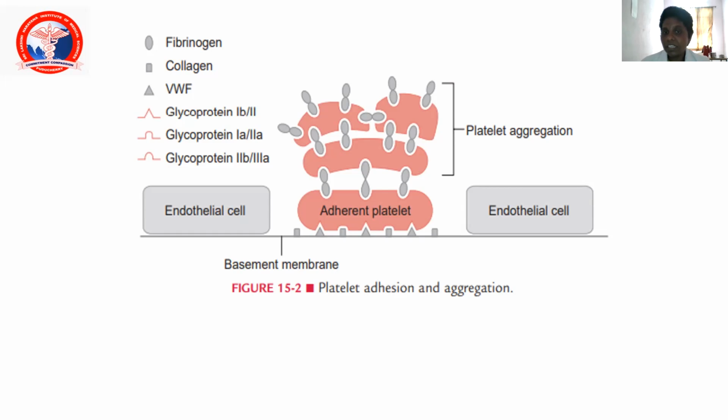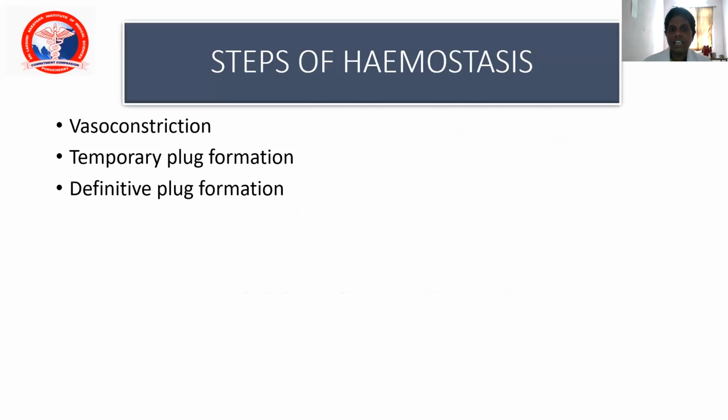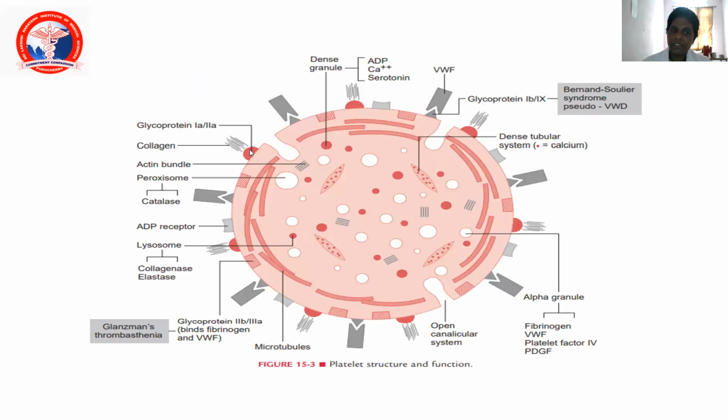And not only is it getting attached to collagen, it will be attached to fibrinogen and von Willebrand factor, because in this structure we can understand that we have the receptor for collagen, the receptor for von Willebrand factor, and the receptor for fibrinogen. All these receptors will favor adhesion and aggregation in an activated platelet.